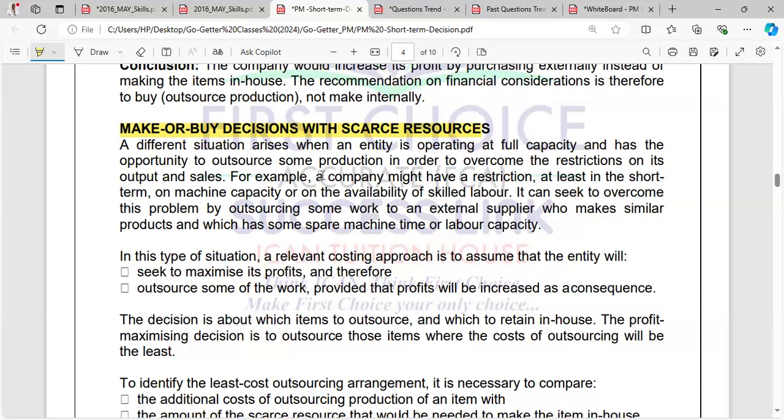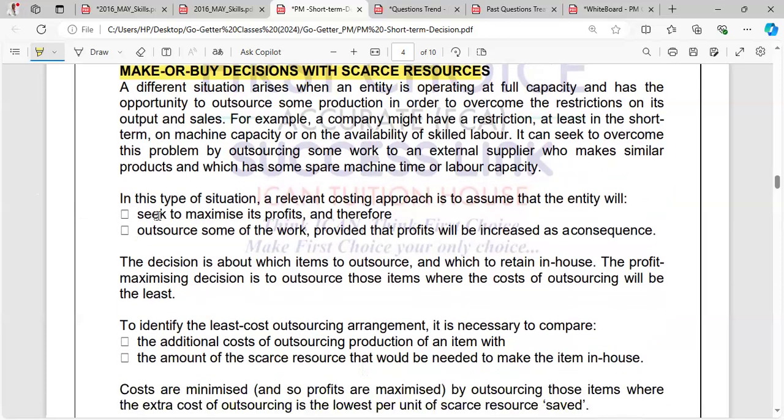In this type of situation, a relevant cost approach is to assume that the entity will seek to maximize its profits. That's number one. And therefore, it will outsource some of the work, provided that the profit will be increased as a consequence.